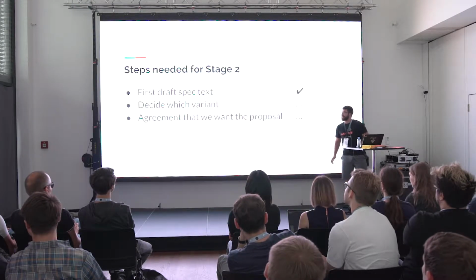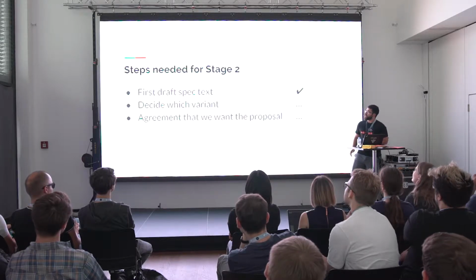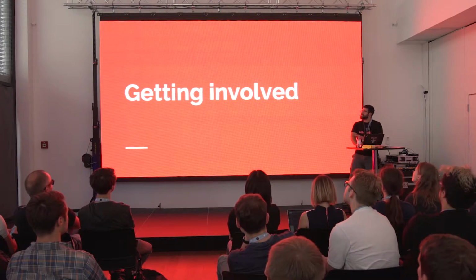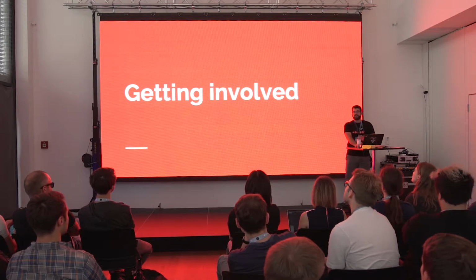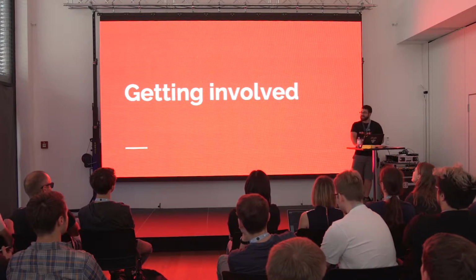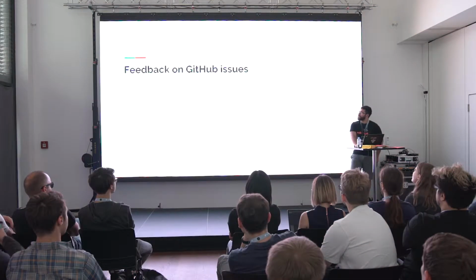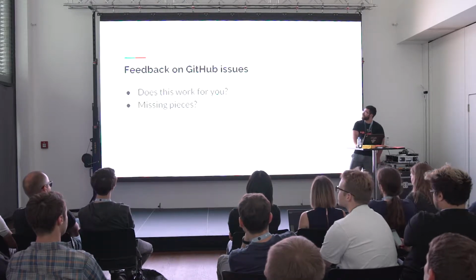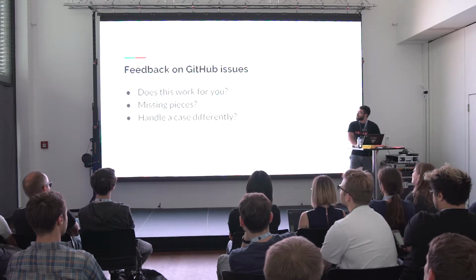So in the stage process, to get to stage two, well, sorry, I'll skip these slides and just jump to getting involved. I think we could definitely use your help in TC39 in advancing the pipeline operator. For example, on GitHub, we've been having a lot of discussion about the pipeline operator.